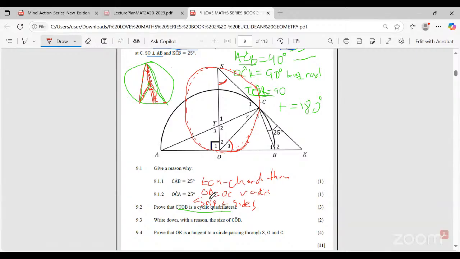So we said angle O3 is 50, right? Yes, sir. We said this is 50. Now let's see how we can get something there. What can we do? What can we do?